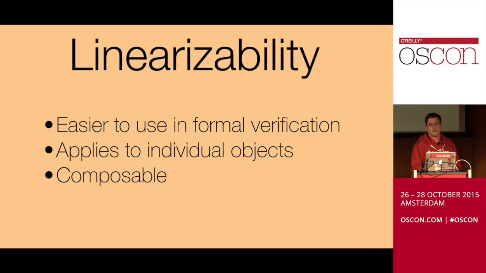So two of these beneficial properties of linearizable histories over sequential histories are that it's an easier property to use for formal verification of software, because by definition, we're preserving a global ordering of operations. And secondly, linearizability provides compositional properties on objects. This is really great because locks aren't compositional. We'll see why later.